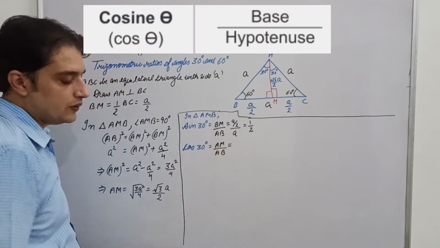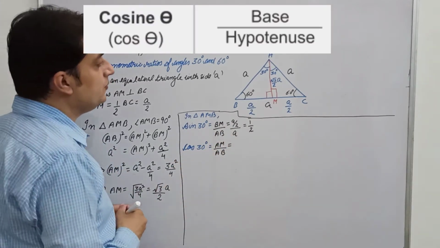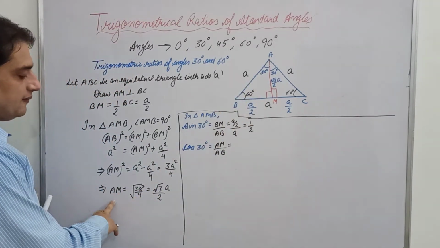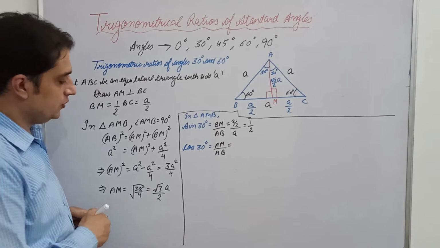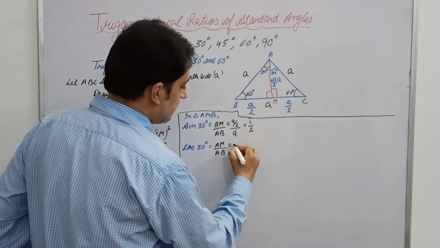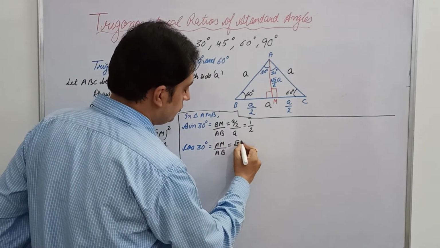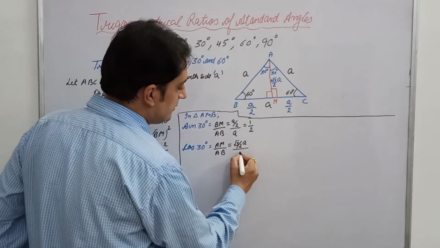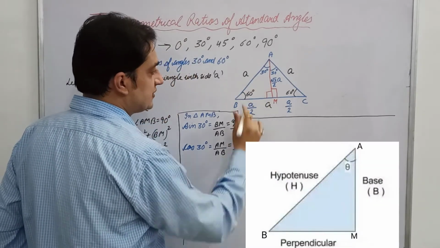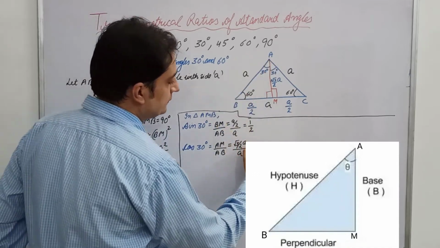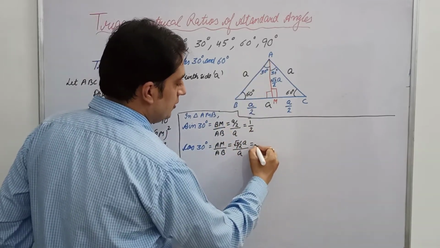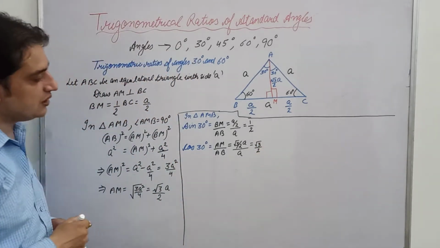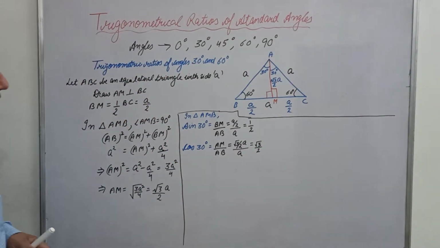Base by hypotenuse. So what is the base value? The base here we have found, that is AM, with the help of Pythagoras theorem. So you can put the value of base, root 3 by 2 into A, upon AB, which is A, because it's the side of an equilateral triangle. So A cancels out with A, so the value is root 3 by 2. So this is the value of cos 30 degree.